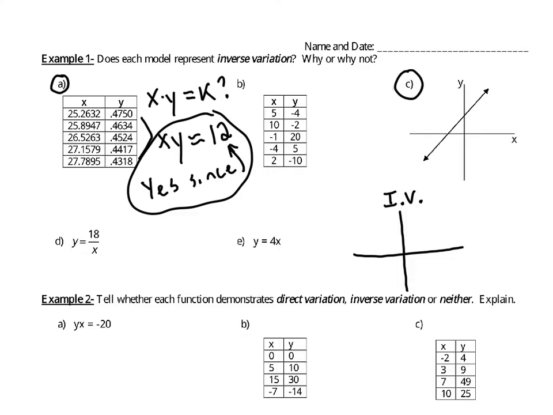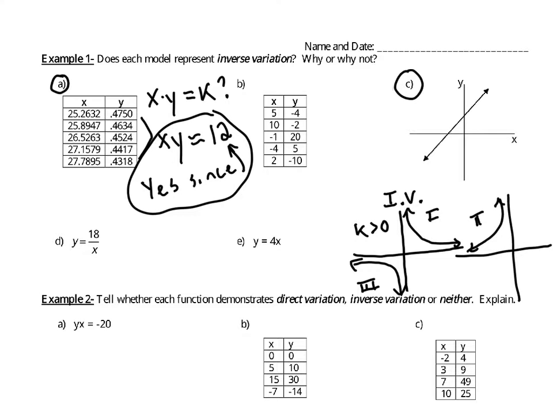To give you further detail here, inverse variation is going to be a two-part disconnected graph that will either appear in quadrants 1 and 3 if the constant k is greater than 0, or it will show up in quadrants 2 and 4 if k is less than 0.